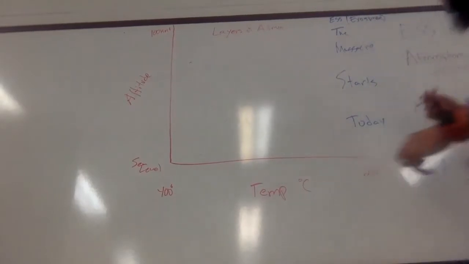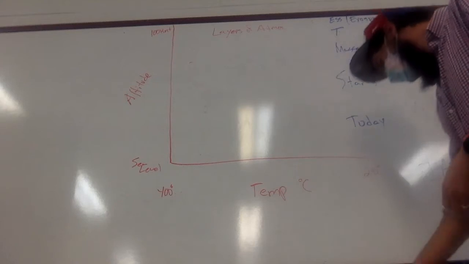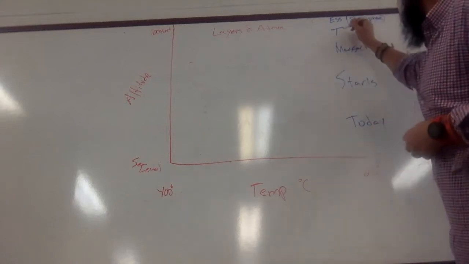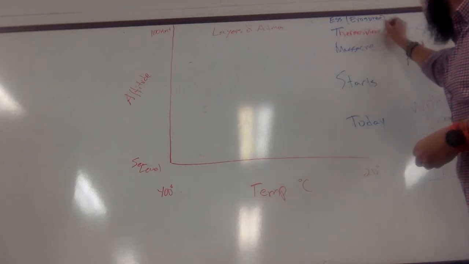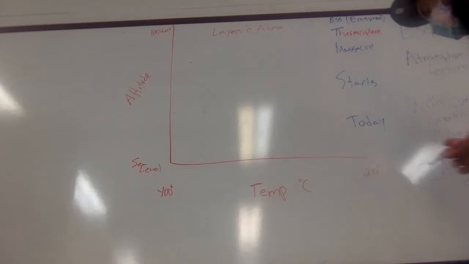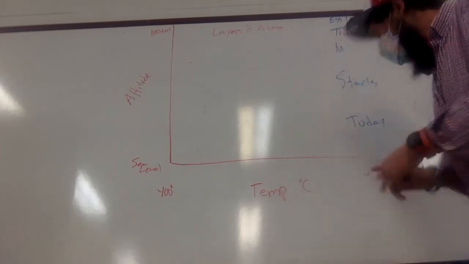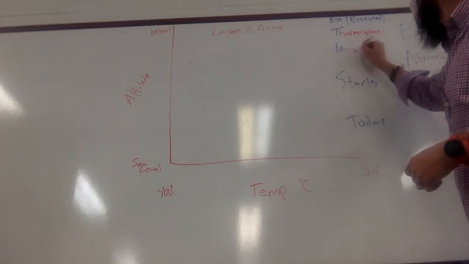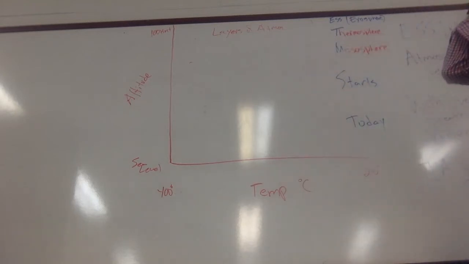Starting with the top T at the very edge, we have the thermosphere. Thermo meaning temperature. Exactly. This is where it starts to get super hot. And then we got the mesosphere.